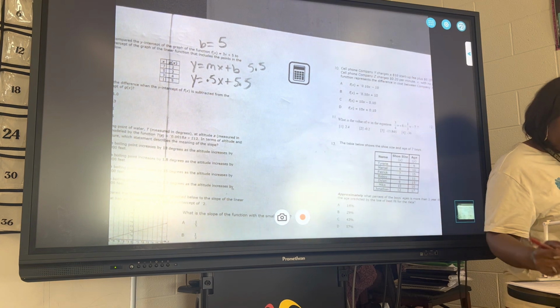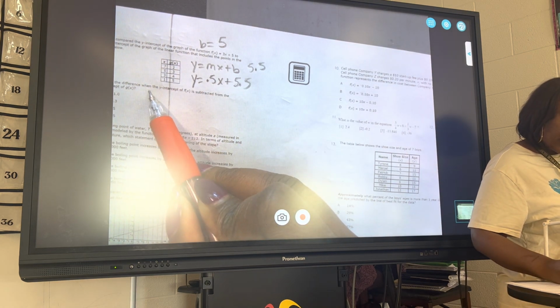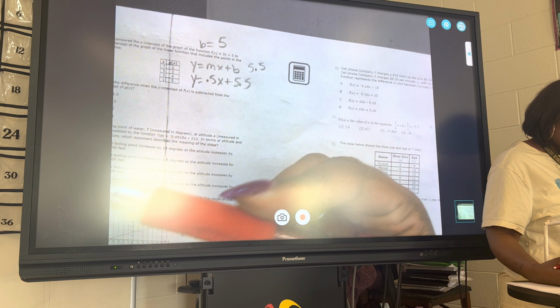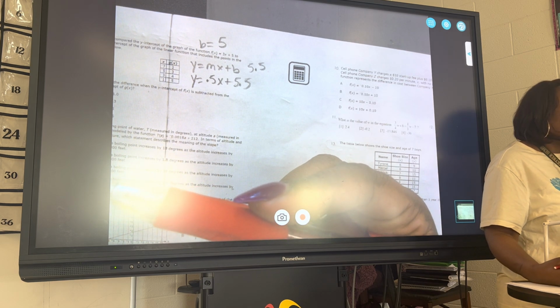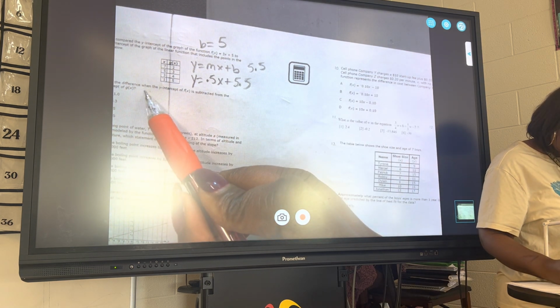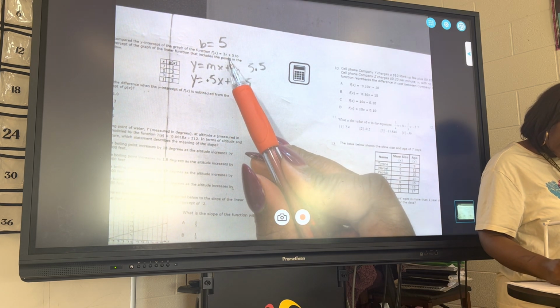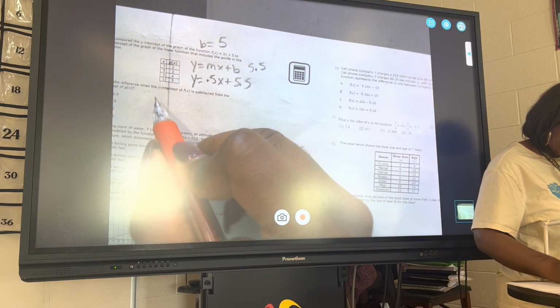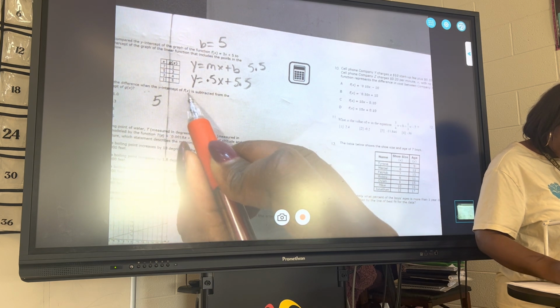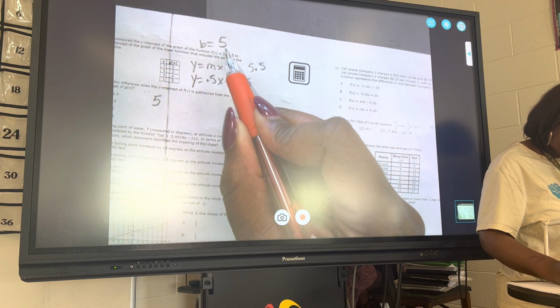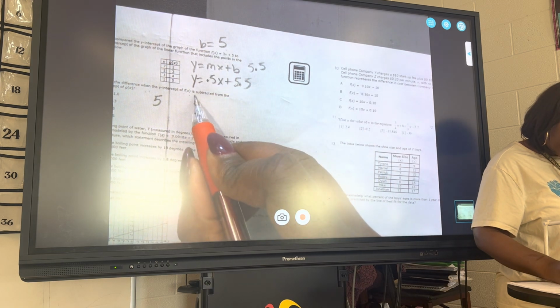All right. So it's saying, what is the difference? Difference is what operation? Subtraction. So what is the difference from the y-intercept of this? So this comes first, 5 comes first, because the y-intercept of f of x is 5.